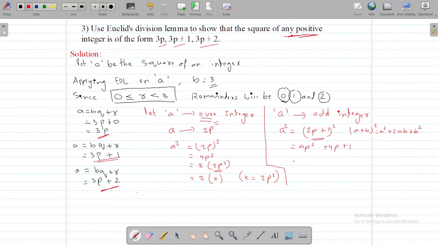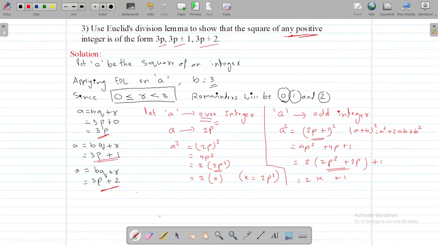If I take out the common 2 here, it will be 2 times 2p square plus 2p, plus 1. So I will write this as 2k plus 1. So this is an odd integer.